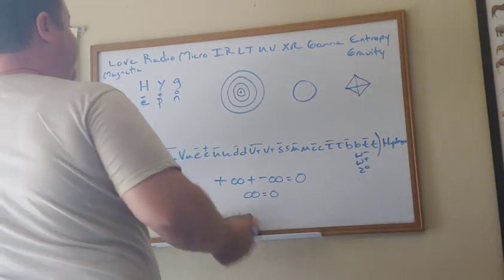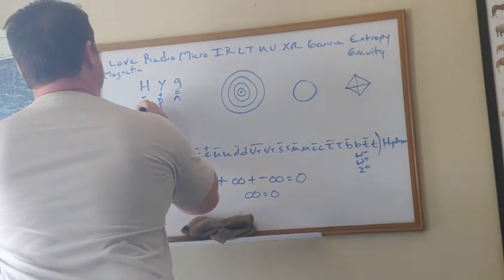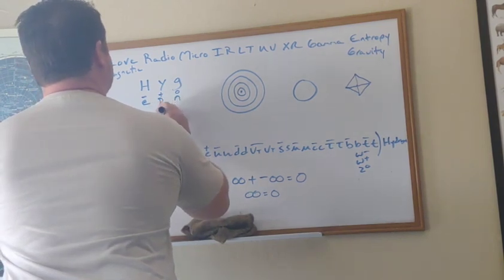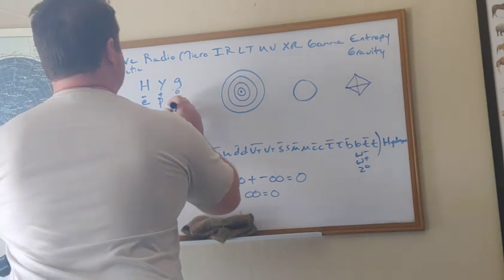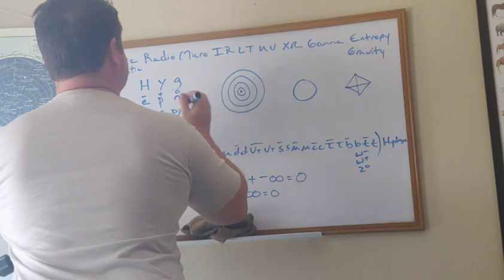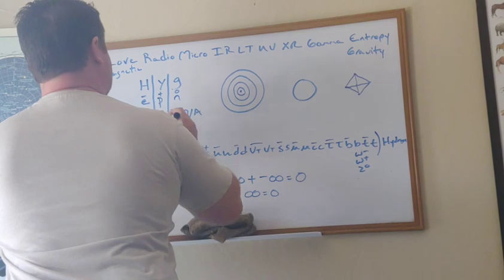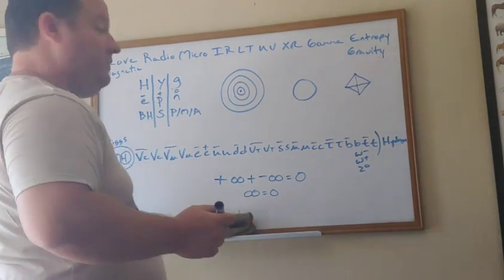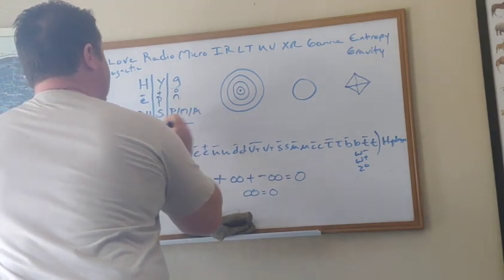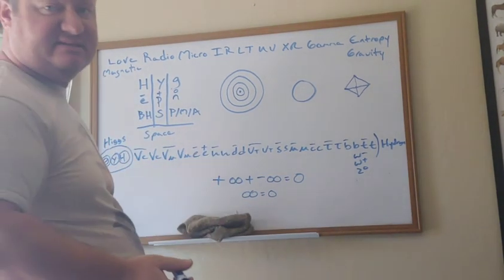And the next level up from that, you have black holes, and you have stars, and you have planets, moons, and asteroids. Okay? And all of these make up space.